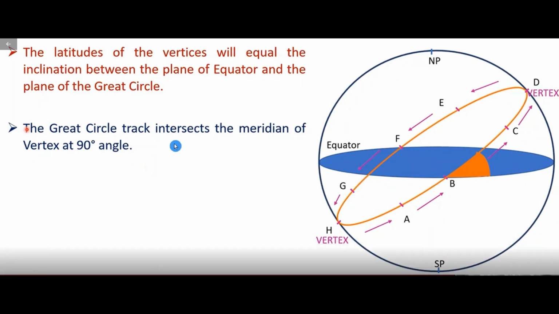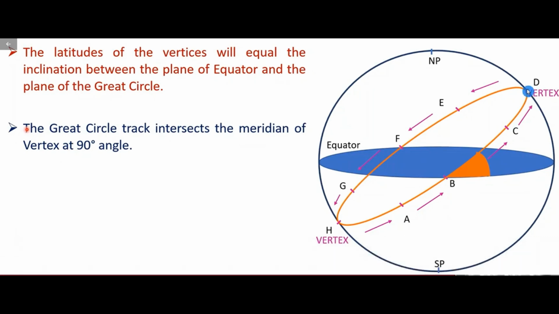Basically what we are saying here is that this great circle track which you see, let us consider this point delta. We know at point delta, the great circle track is running in the east-west direction, 090 and 270 direction. So our great circle track is in east-west direction. And what is the direction in which the meridians run, beta? North-south direction. So we know all the meridians, they run in the north-south direction.